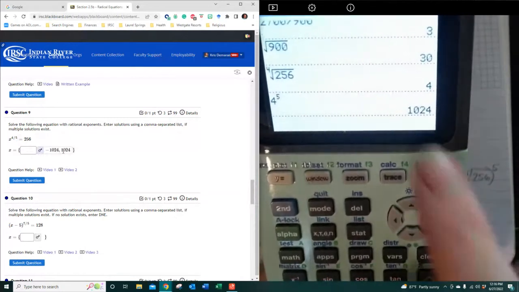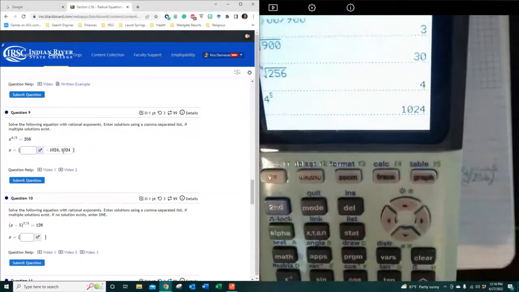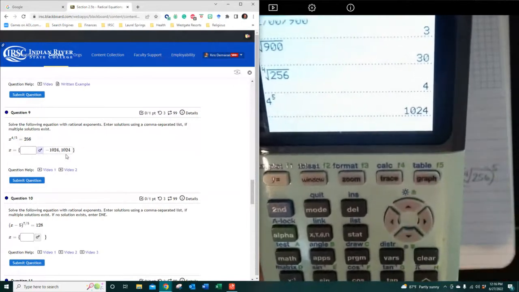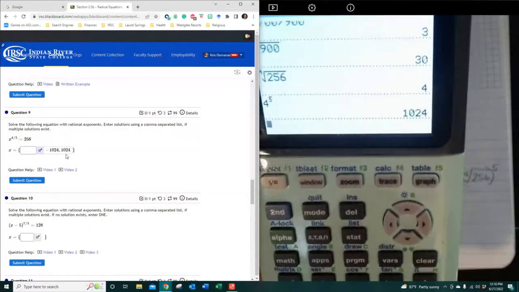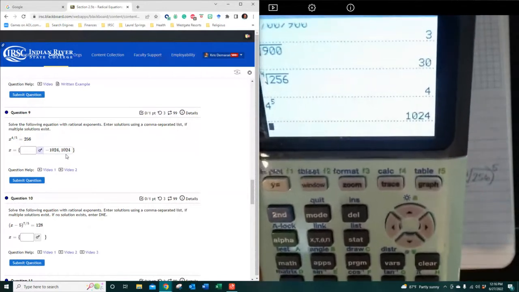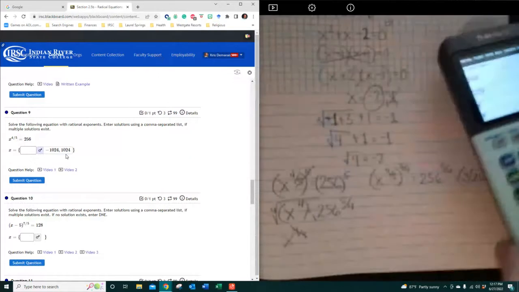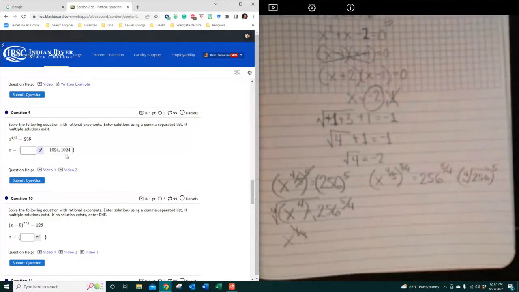Now I'll explain the plus or minus sign in just a second. I just wanted to get that number for you, the 1024. Now, when we take an even index, we have to put a plus or minus sign like that, by the way.